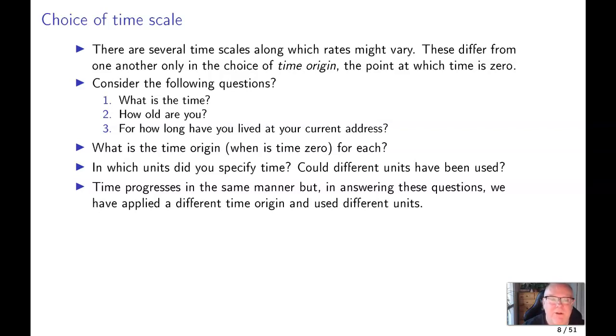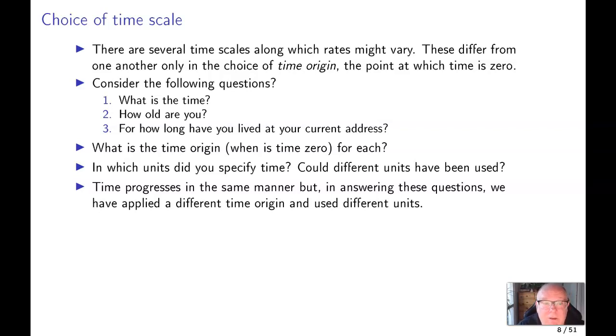The thing which distinguishes them is the time origin, which is when is time equal to 0? For what is the time? Well, the time origin is midnight. It resets every day. So the time is the time since midnight, and we typically specify the units in hours and minutes.